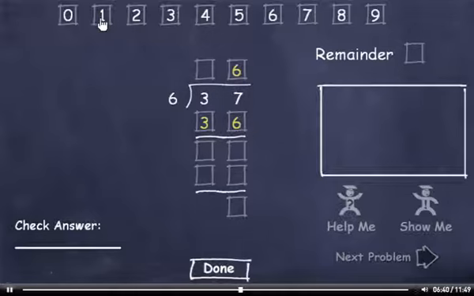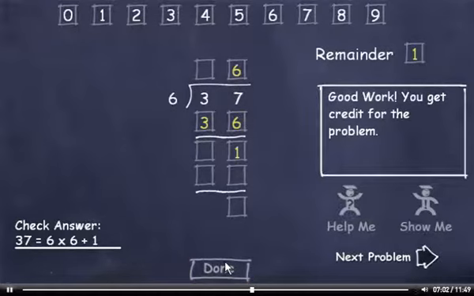Seven minus 6 is 1. 3 minus 3 is 0. I'll put 1 in the remainder box. The answer is 6 remainder 1. I'll click the Done button and move on.